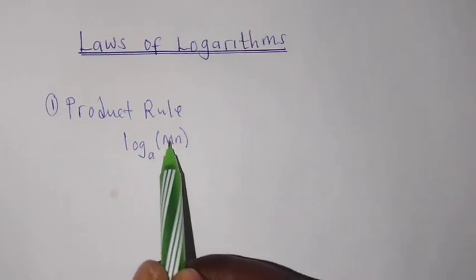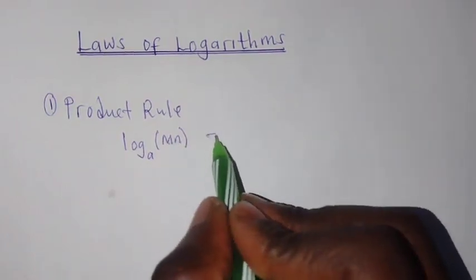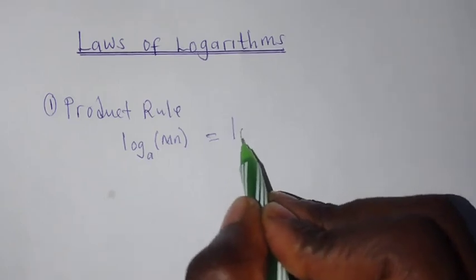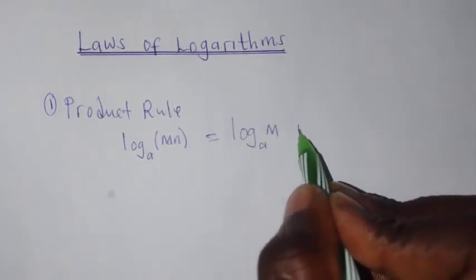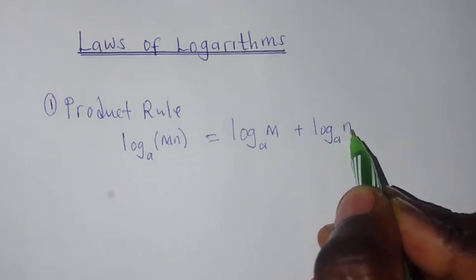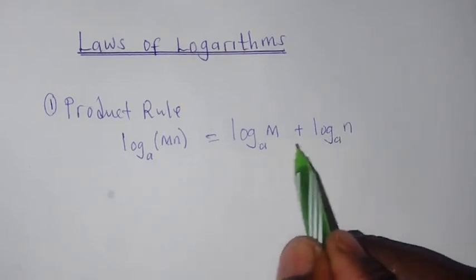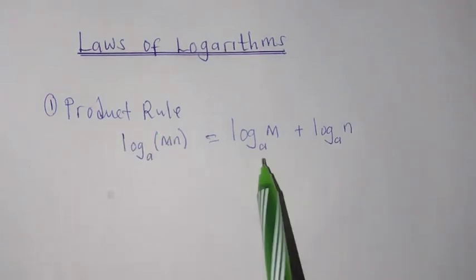So these individual factors m and n, you can add them. This will be written as log m in base a plus log n in base a. So this is what the product rule states.